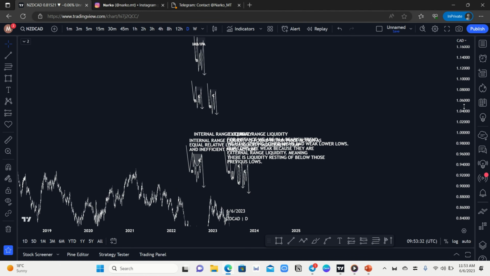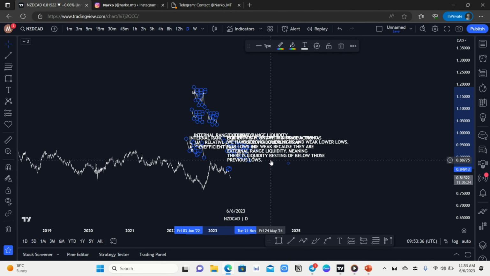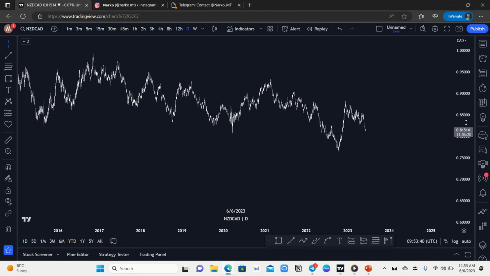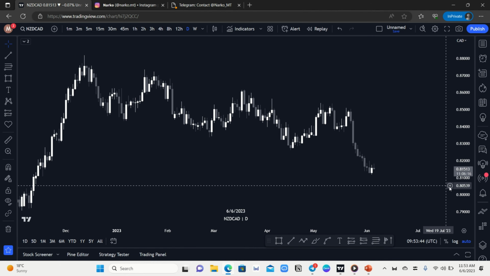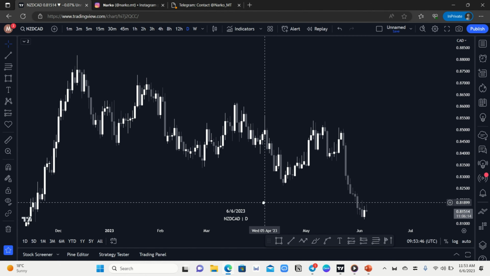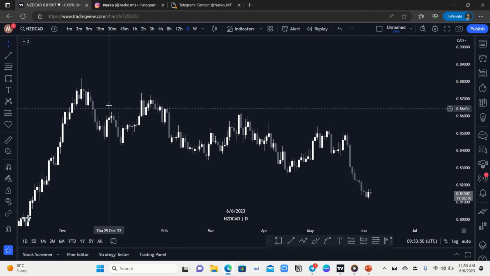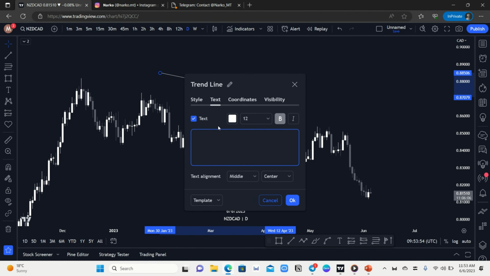Let me just clear this out. As you can see here, we have NZD on our daily time frame. We can see that NZD has been pushing beautifully, bearishly so, in a bearish trend.